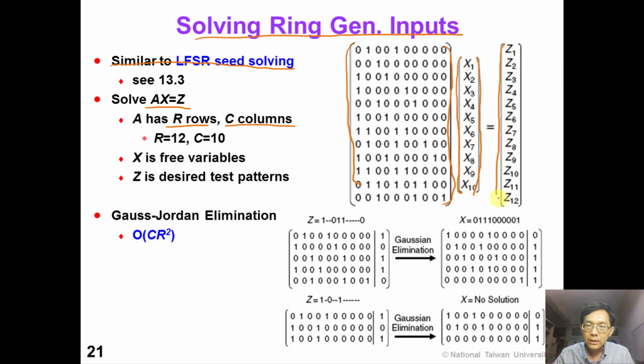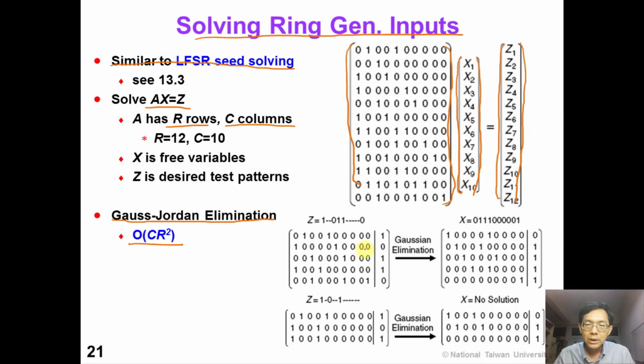Z is a vector of our desired test patterns. We can use algorithms such as Gauss-Jordan elimination to solve for the answer. The complexity of the Gauss-Jordan elimination algorithm is O(R C squared), which can be solved in polynomial time.